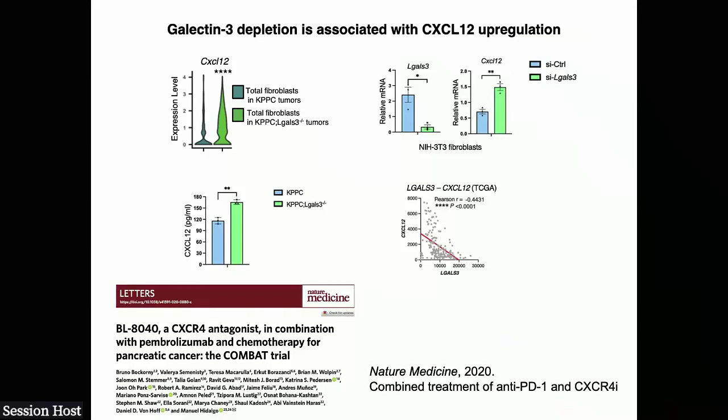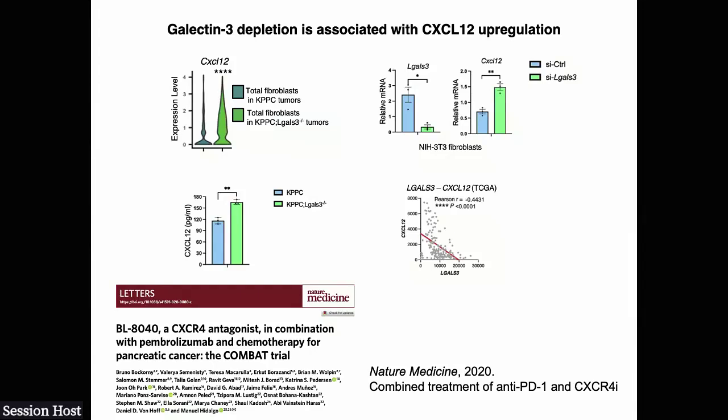And interestingly, we happened to notice that CXCL12 is one of the top upregulated genes when we knock out galectin-3. Even though galectin-3 knockout significantly inhibited tumor progression, for some unknown reason we observed that the CXCL12 level, in serum, in the tumor, or in fibroblasts from the tumors, was significantly upregulated, potentially as a host response to the galectin-3 knockout.